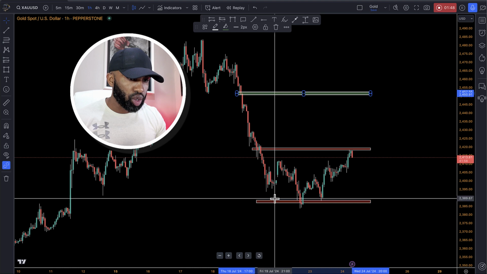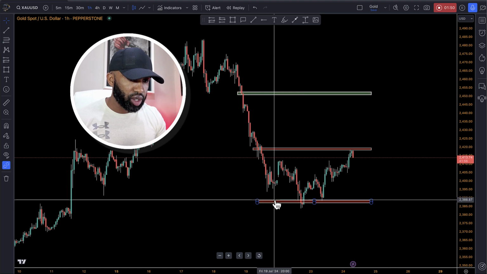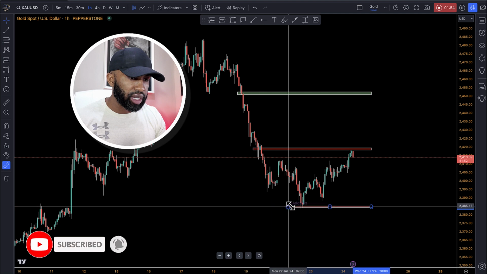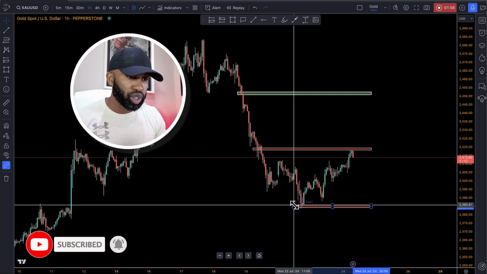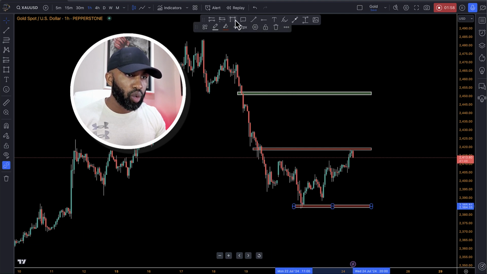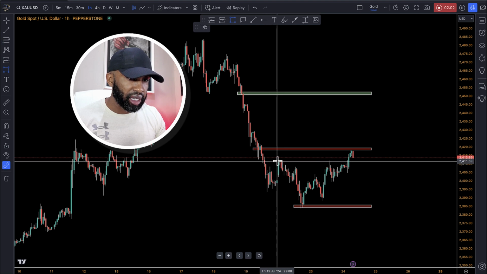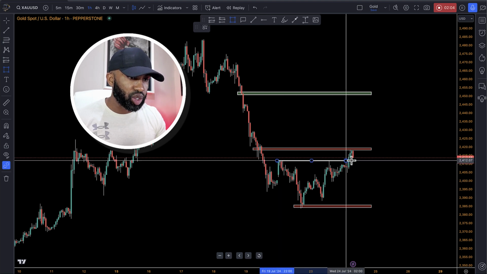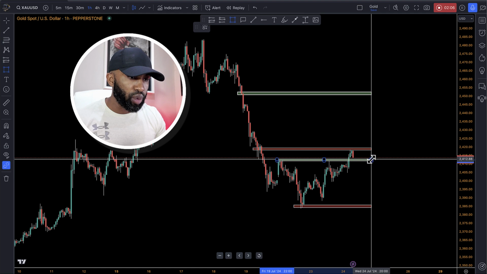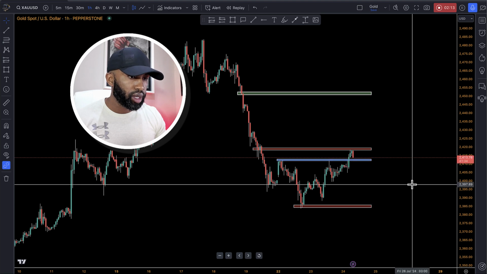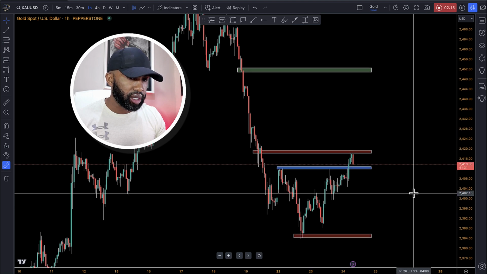I also color code my charts because I focus during the day as a day trader. I focus on the lower time frame. But while I'm in the lower time frame, I am able to know exactly where price is at because of the color coding of my lines.